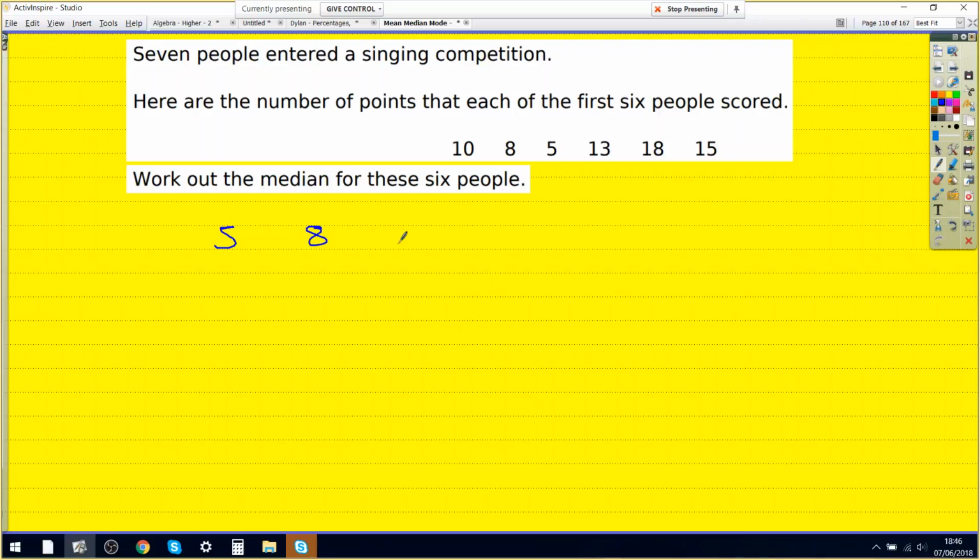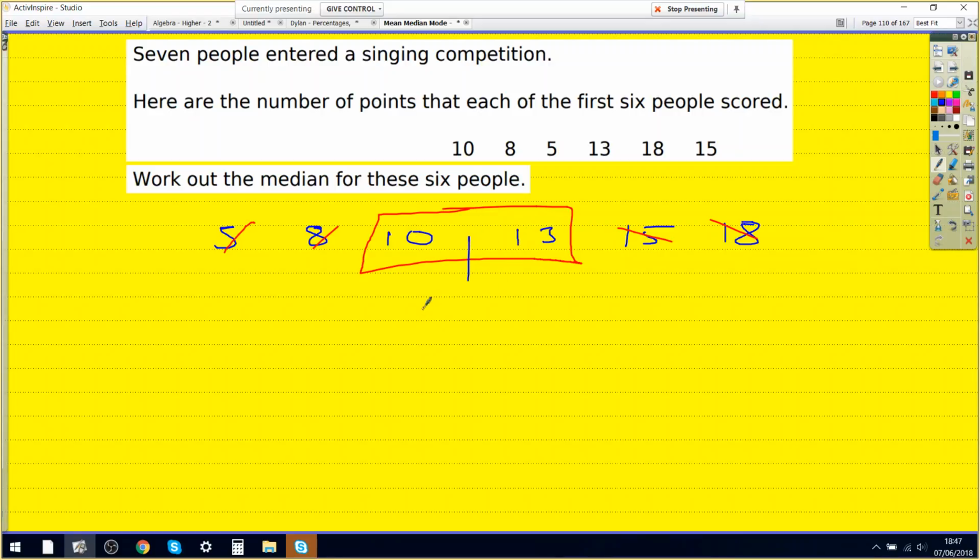5, 8, 10, 13, 15, 18. We have 2 in the middle. This time it's 10 and 13. Any idea how we'd find the median there? You would have to find the midpoint of 10 and 13.